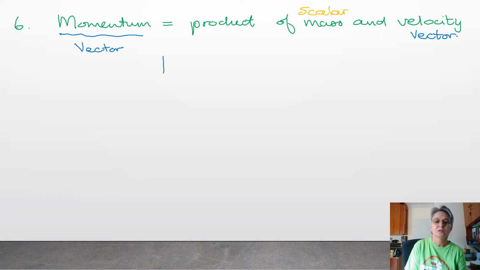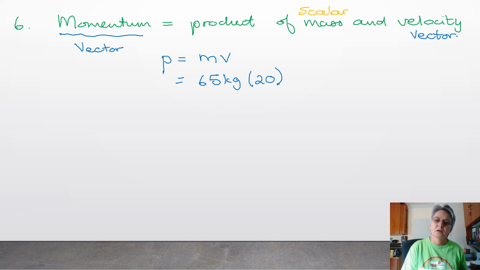So the symbol for momentum is a little p, mass times velocity. Right, so let's say my mass is 65 kgs and my average velocity was 20 kilometers per hour south.